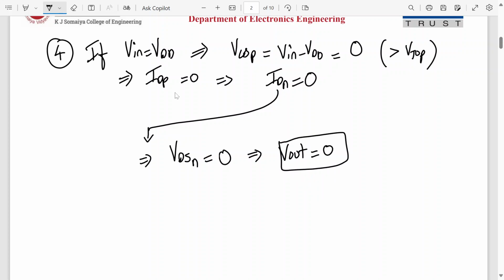VDSN is Vout. So when Vin is VDD, Vout is 0. Understood? This Vout will be 0; it will try to adjust itself. These conditions will happen, and it will adjust such that IDN is equal to almost minus IDP.